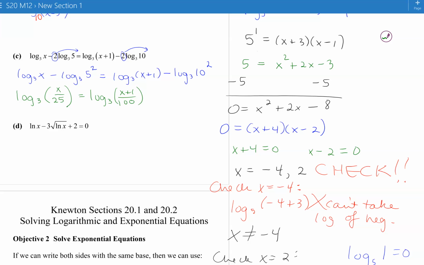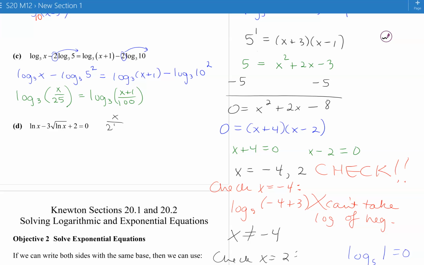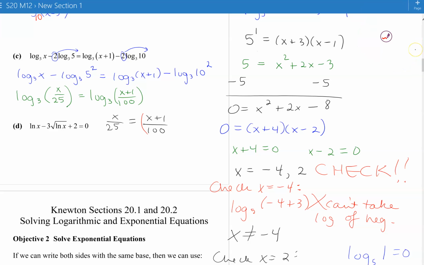So now I know that it has to be true that the arguments are equal. So I can write that math equation that says x over 25 equals x plus 1 over 100, because the arguments must be equal. And then I want to solve for that x, so let's multiply both sides by 100 so I don't have fractions.